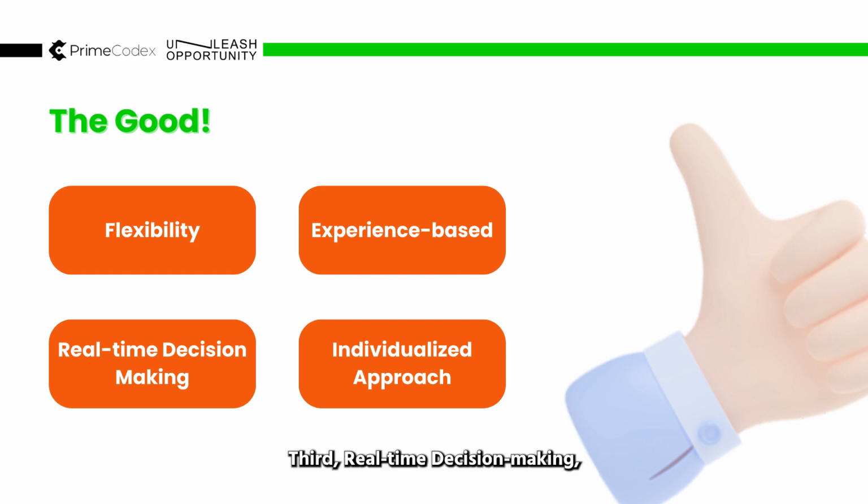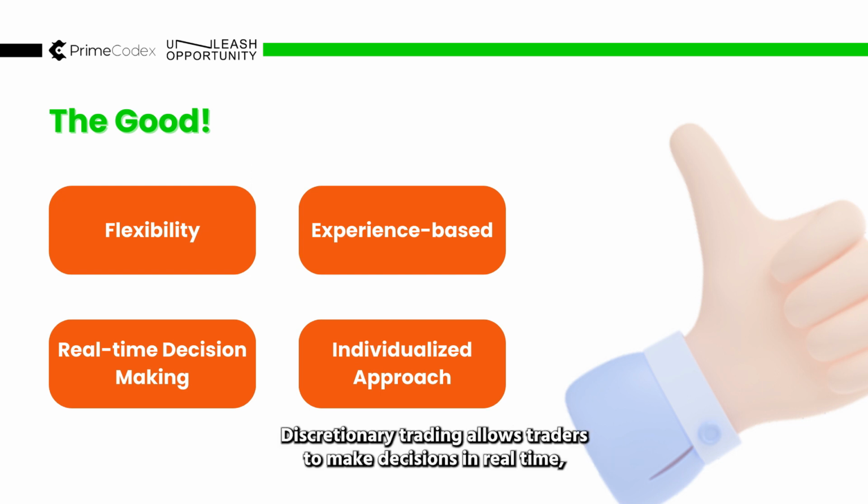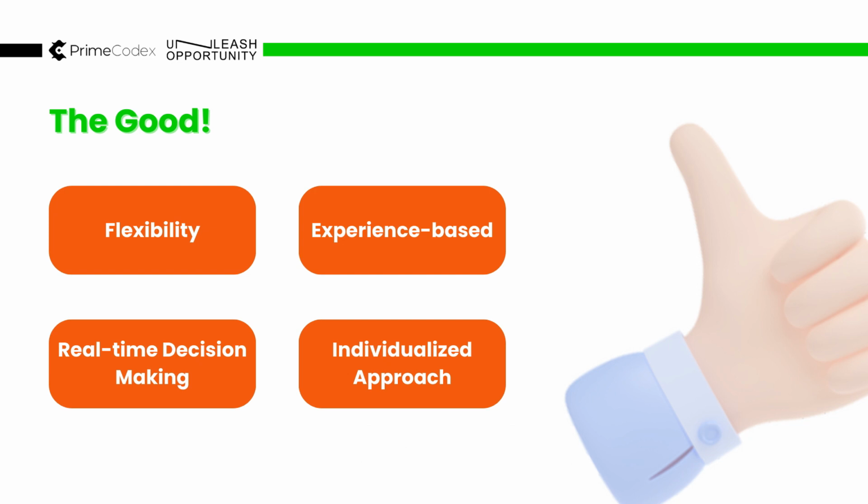Third, real-time decision making. Discretionary trading allows traders to make decisions in real time, which can be advantageous in volatile markets. Fourth, individualized approach. Traders can tailor their strategy to their own strengths, risk tolerance, and preferences.